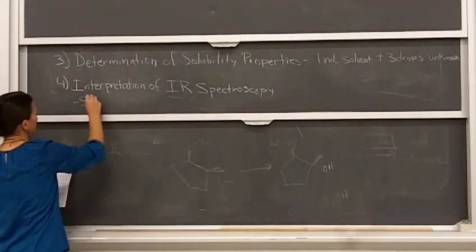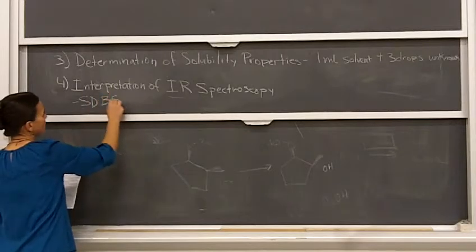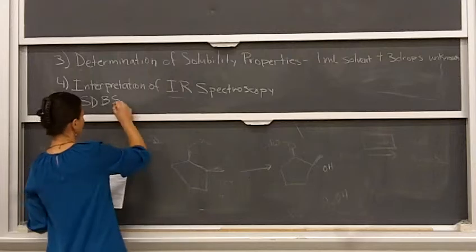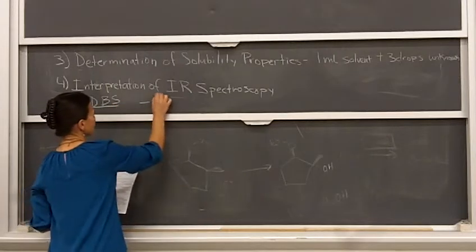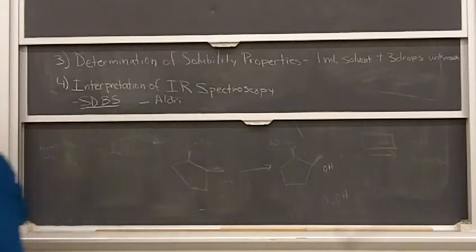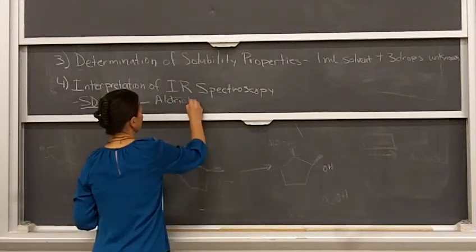Eventually, you will need to look up known spectra to match your unknown with something that is known. So databases that are good for that are SDBS, which I'm going to show you here in a second, and Aldrich Spectral Viewer.